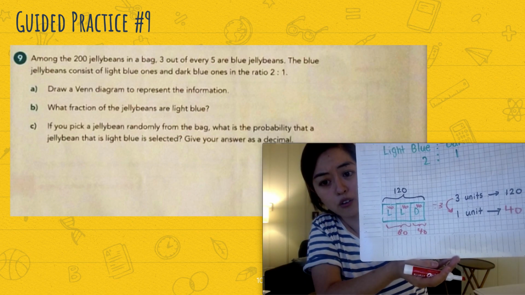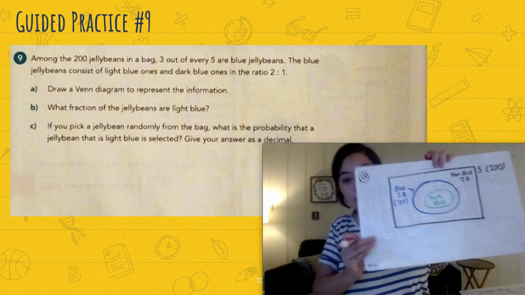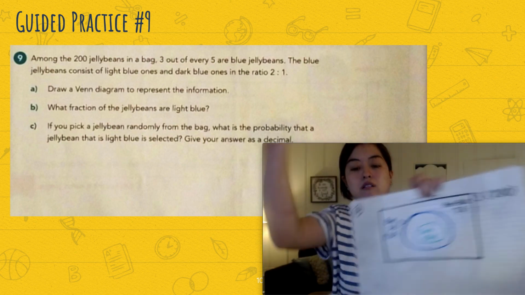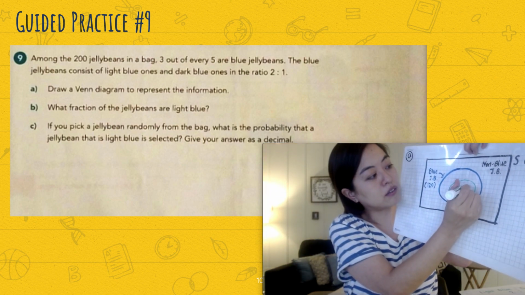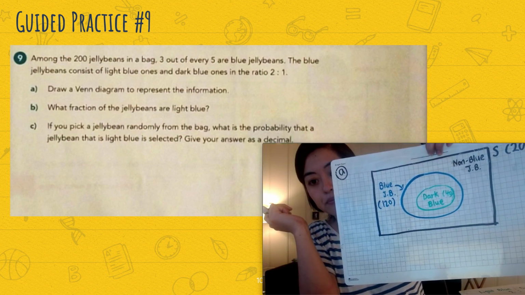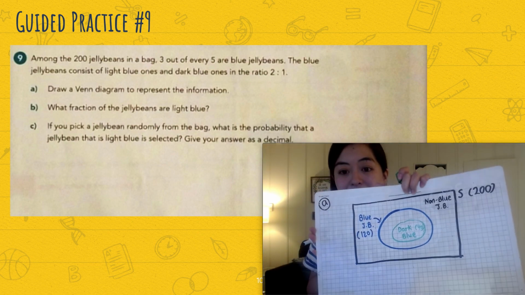You see that? So now I can write the number of dark blue in my Venn diagram here. So dark blue is 40, like so. All right, so now part A is done.